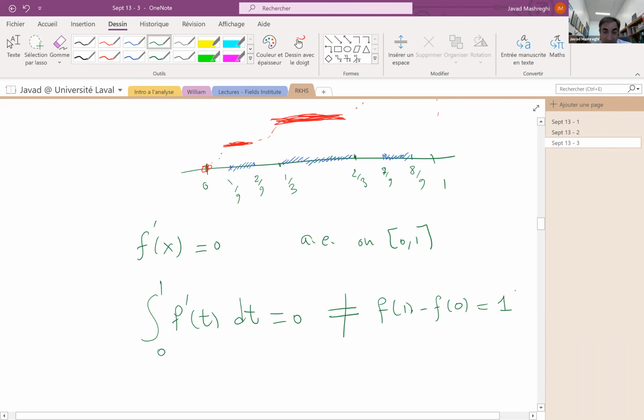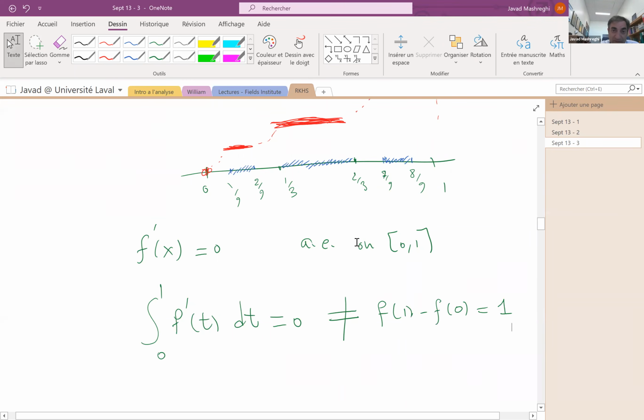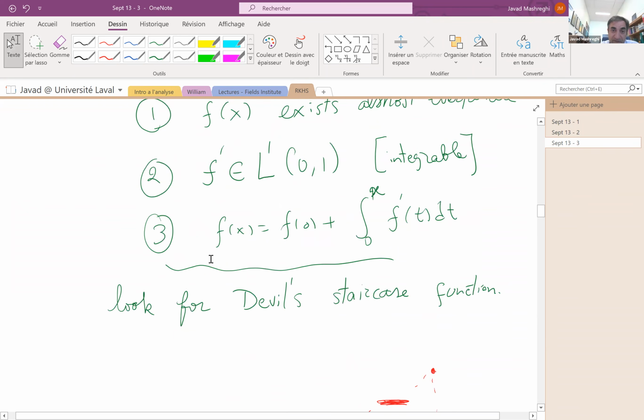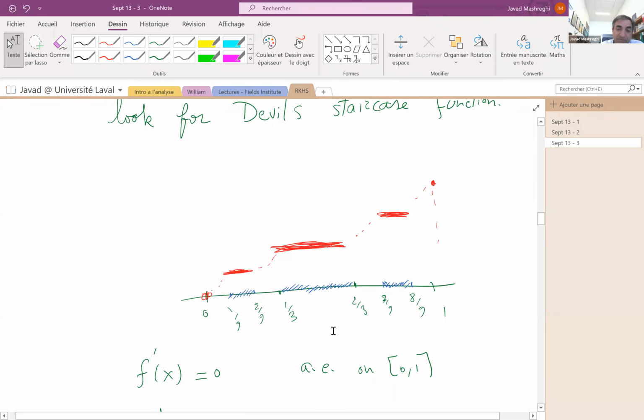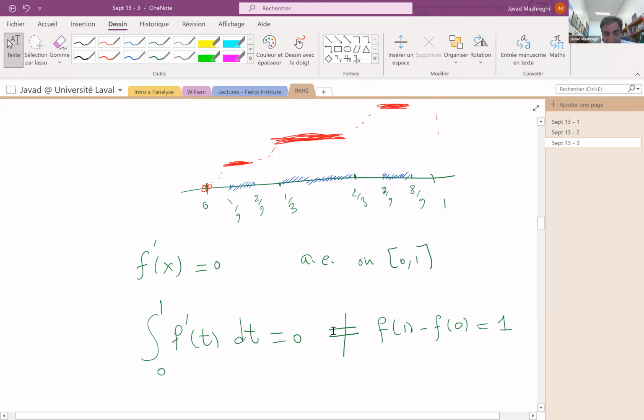So it's not an absolutely continuous function. An absolutely continuous function should satisfy this property for every x. It doesn't work for x equal to 1. So go and study the details of this Devil's function. It's very interesting.